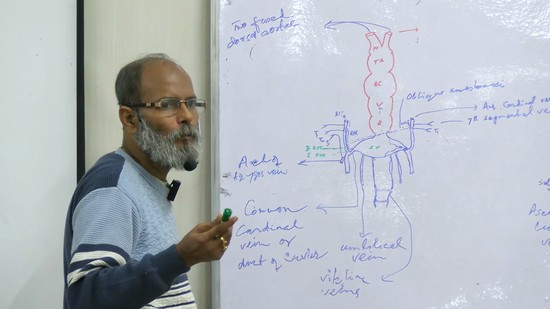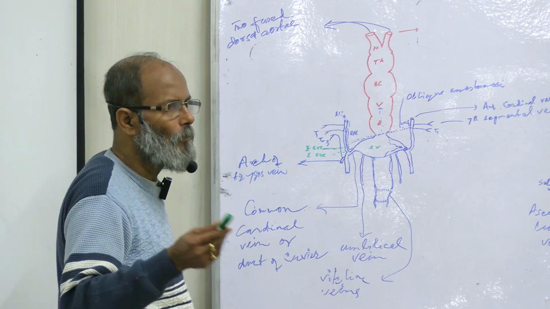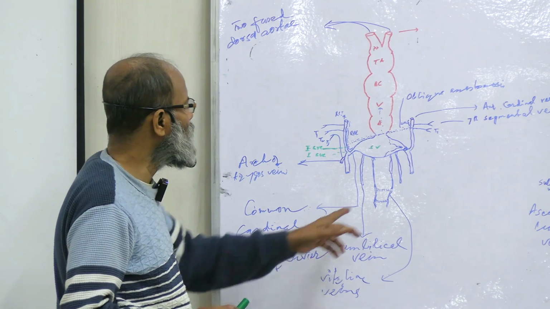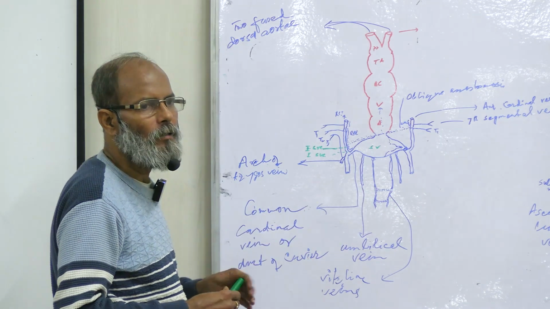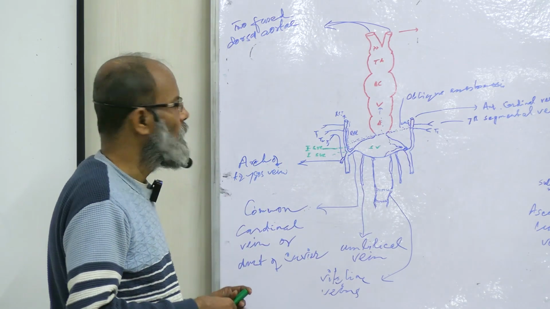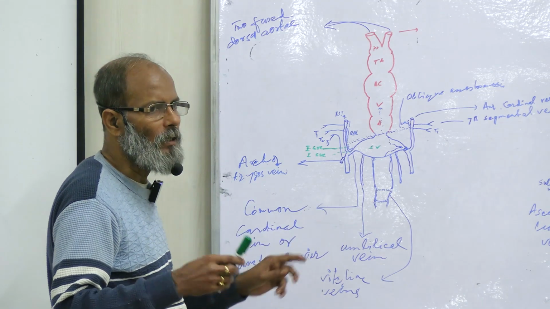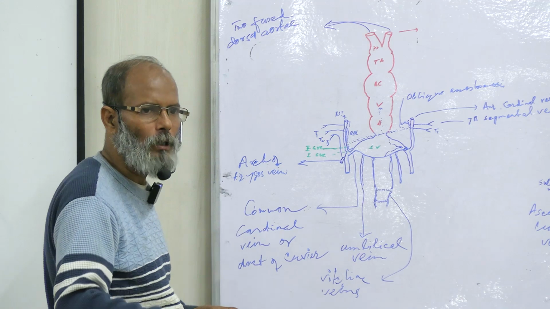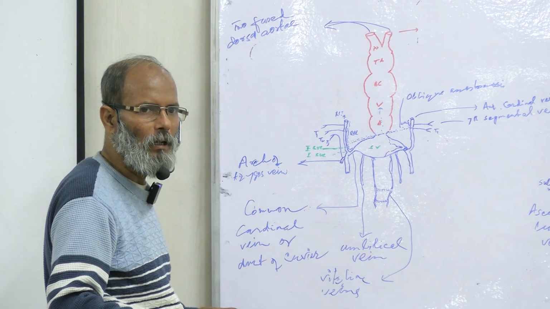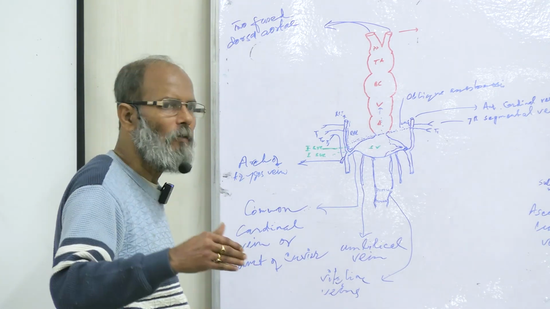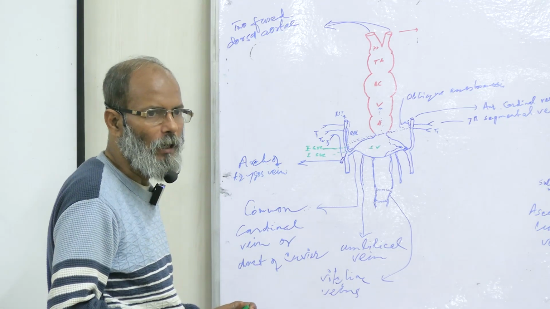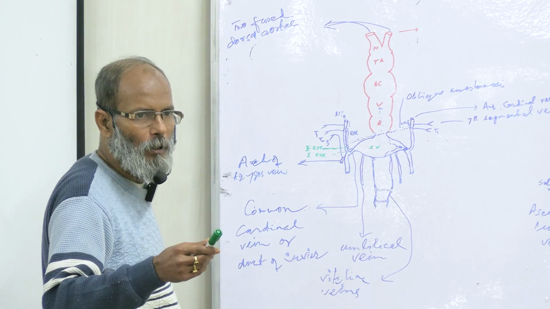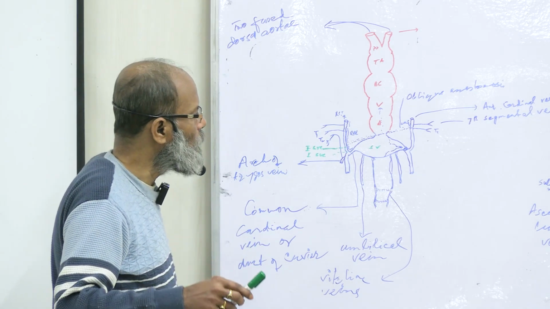I have drawn only this communication to make you understand that this communication between the vitelline veins within the liver, below the subhepatic level, will give rise to the development of the inferior vena cava, IVC.